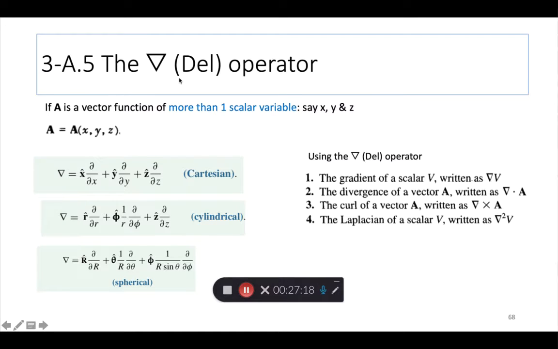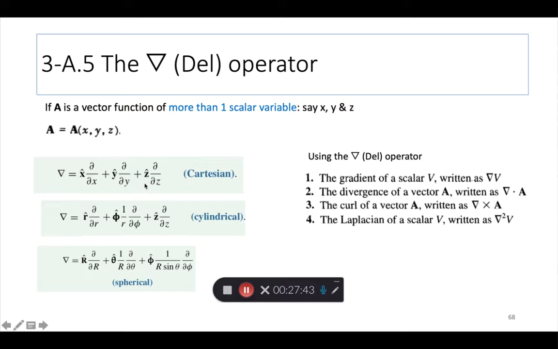So what is a del operator? If A is a vector function of more than one scalar variable, say x, y, and z, or A is written as A(x, y, z), remember this is a vector function, okay? Then you can define the del operator like this, and it's three definitions really: Cartesian, cylindrical, and spherical.